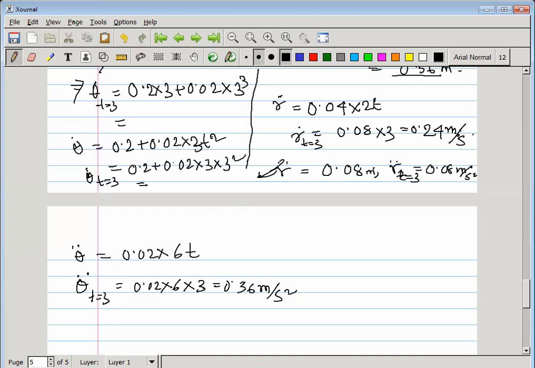And this one is how much? 3 3 is 9, 3 9 is 27, 54, so 0.74 per second.